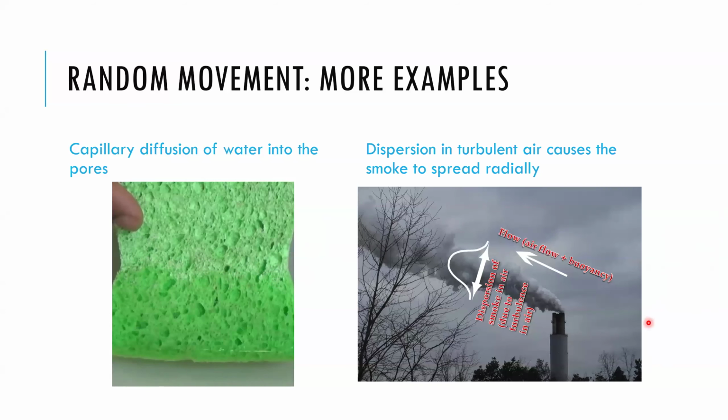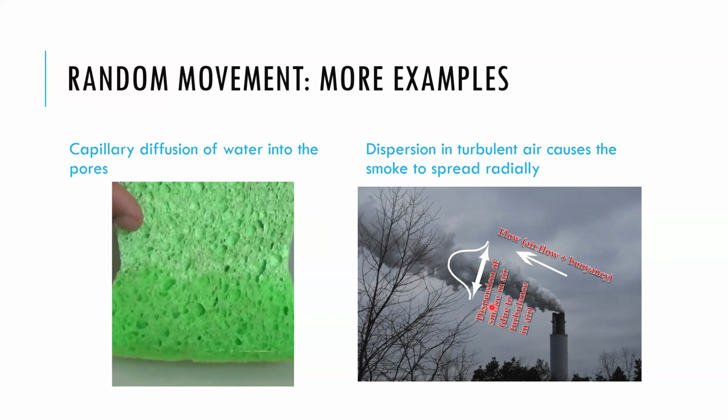Let's look at another one. As you can see, the smoke, as it moves out from the stack, is also spreading. The diameter here was just this little, and here it's much higher.